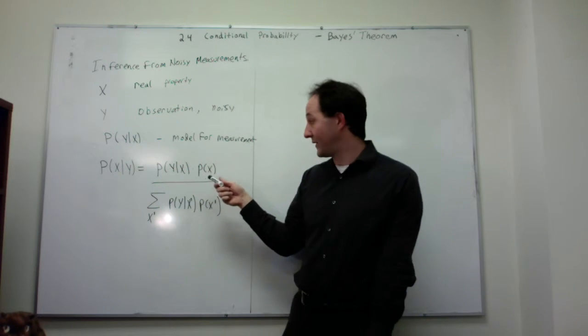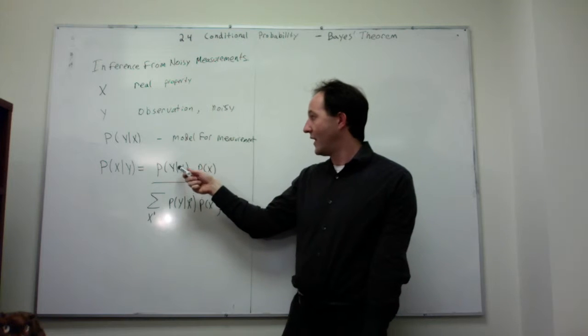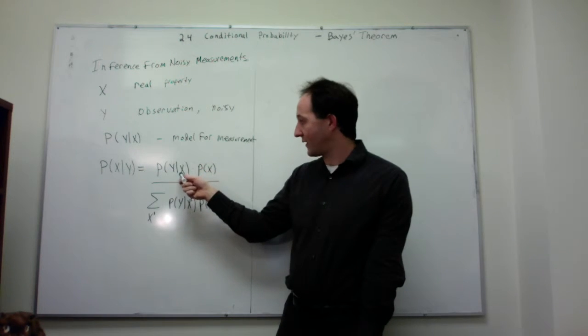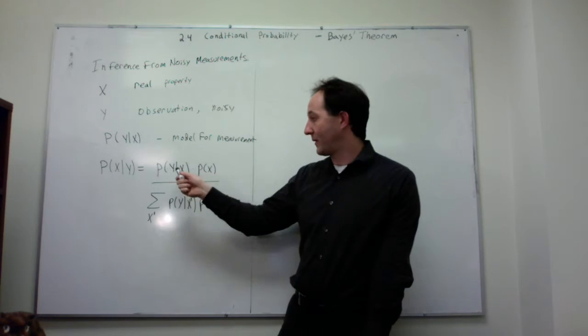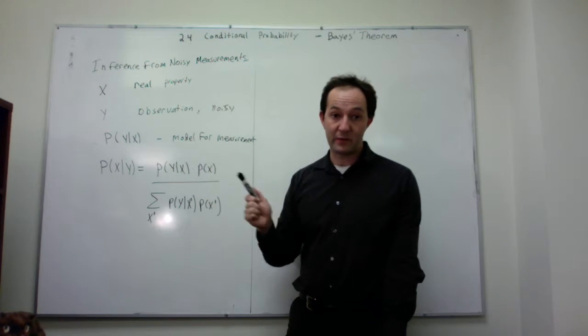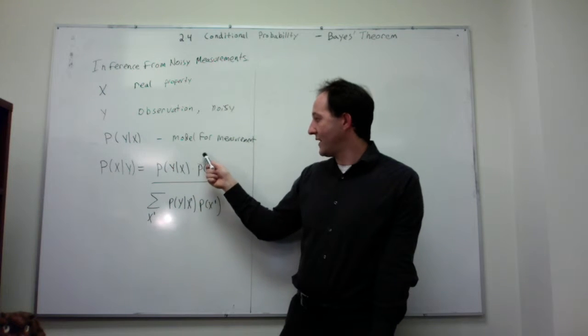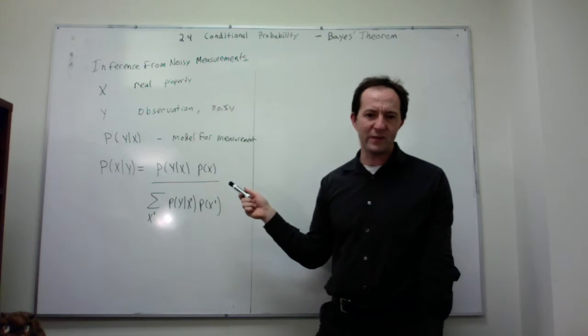And Bayes' theorem says we can write it this way. I'm just writing down Bayes' theorem. So this is P of Y given X. That is saying, okay, if X was this value, what is the probability that my sensor would produce that particular value. So that's modeling the sensor. And then we have this thing, P of X. So what is P of X here?